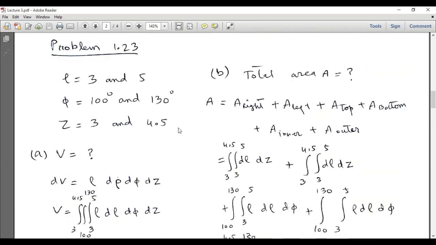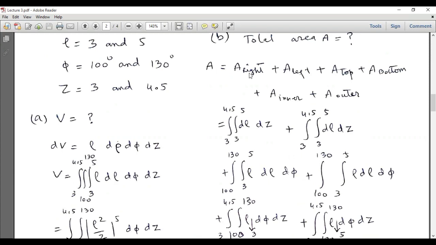Now we will calculate the total area of all the six surfaces. So we have six surfaces: right, left, top, bottom, and inner and outer. For the right surface, phi is constant, so the differential area will be equal to d rho dz, and we can put these limits. For the left surface, again, this expression will be used, and these limits will be used for d rho and dz.